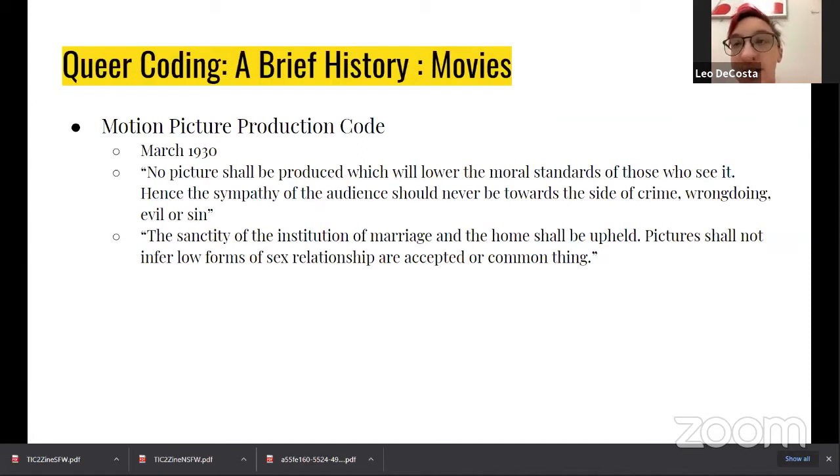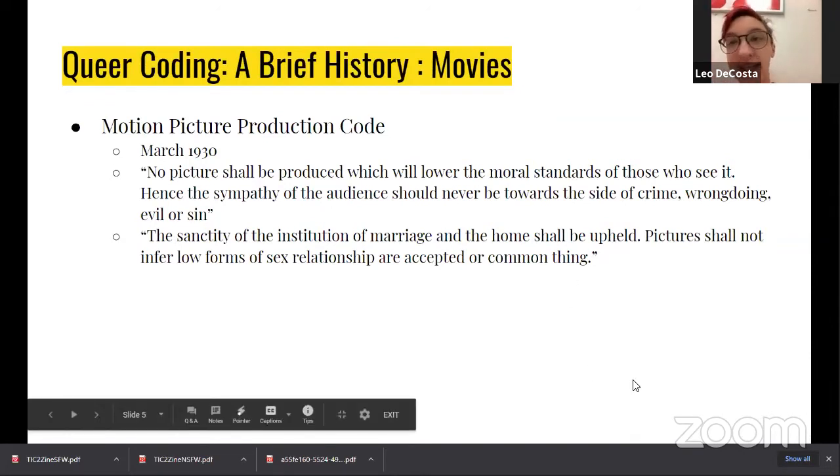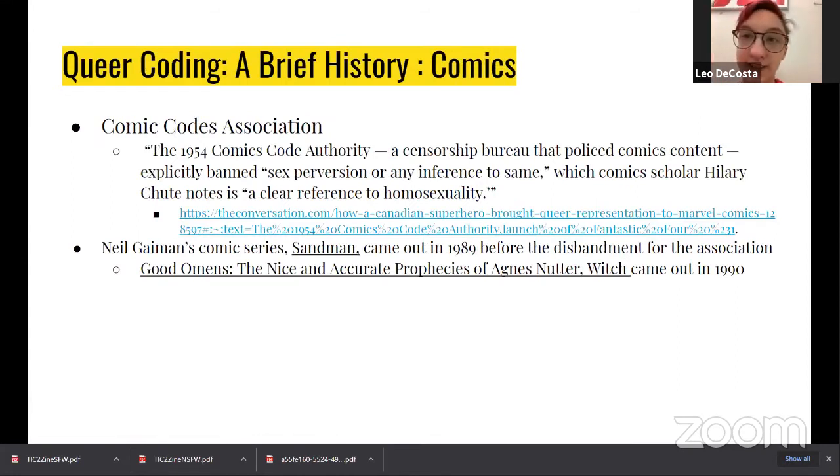Hence, the sympathies of the audience should never be thrown to the side of crime, wrongdoing, evil, or sin. Based on the time period and the use of the word sin, we can obviously infer that they mean LGBTQ+ people. And the sanctity of the institution of marriage and the home shall be upheld. Pictures shall not infer that low forms of sex relationships are the accepted or common thing. Basically stating that LGBTQ+ people are a lower form of relationship.